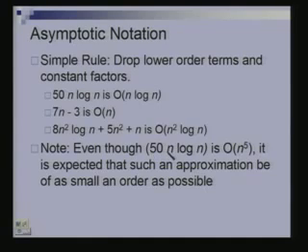Okay, now this is a common error. So this function 50n log n is also big O of n to the 5. Yes or no? Yes. Why? Because this quantity is in fact less than or equal to 50 times n to the 5 always, for all n, and that is just a constant.